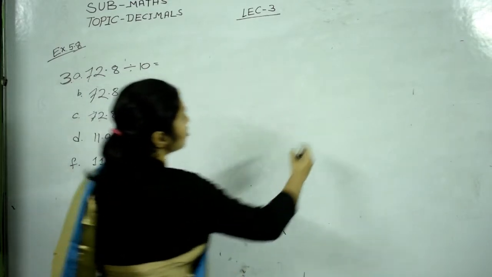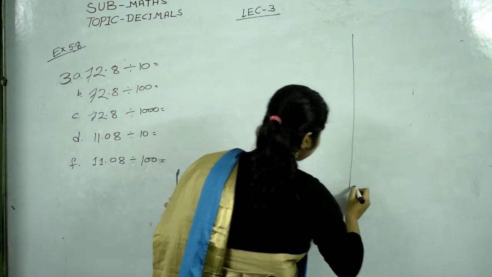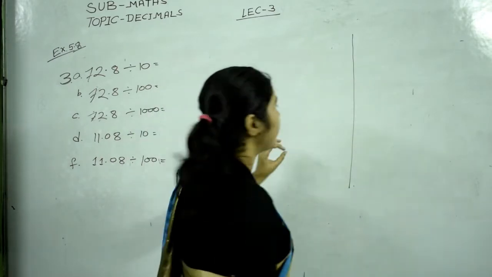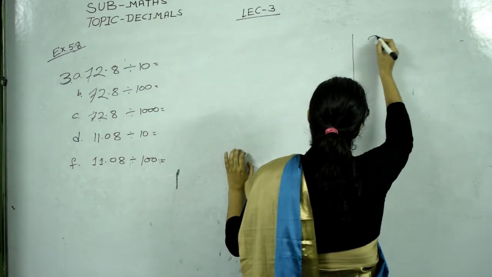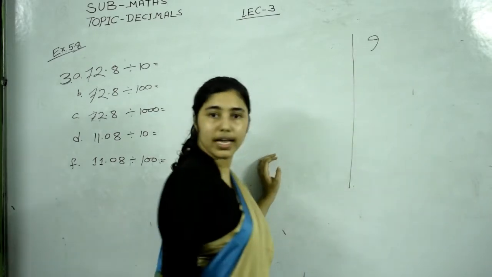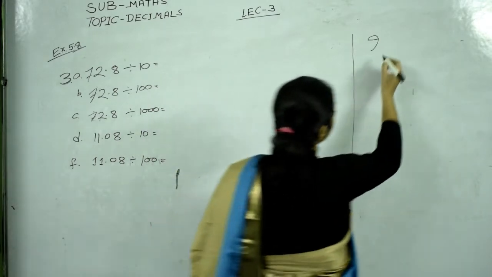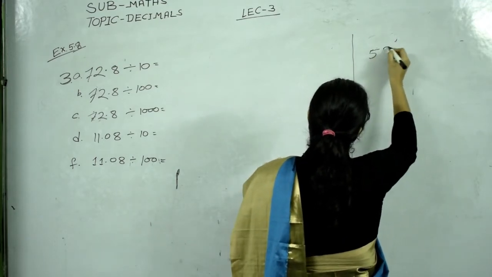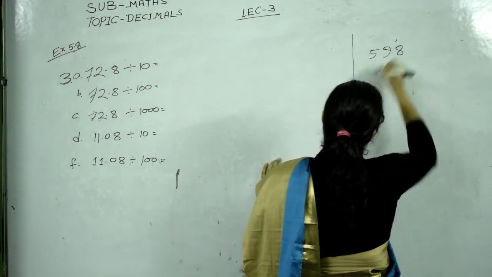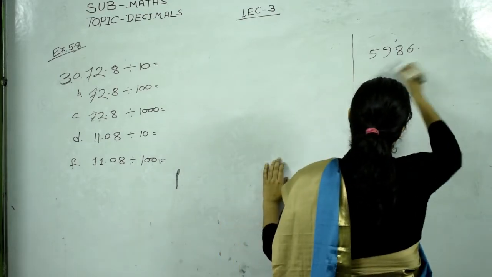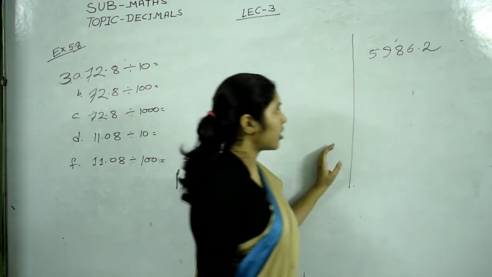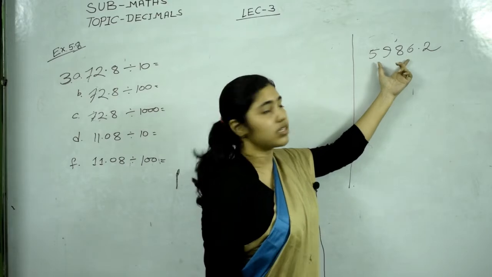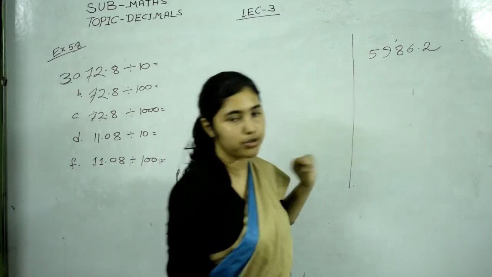Okay. So in case of division, again you have to remember 3 facts. Suppose we consider any decimal fraction, 5986.2.